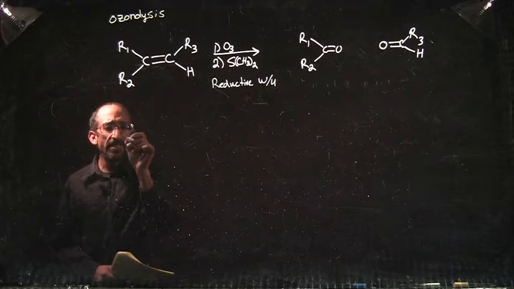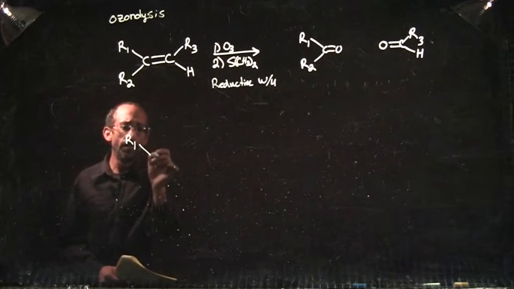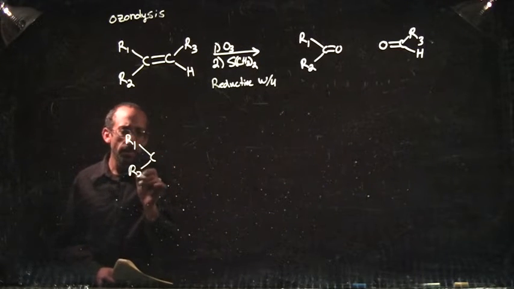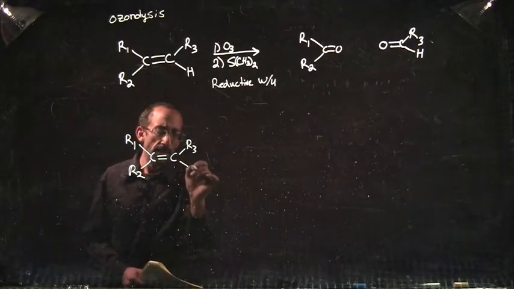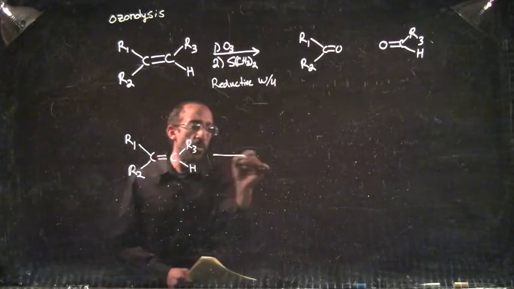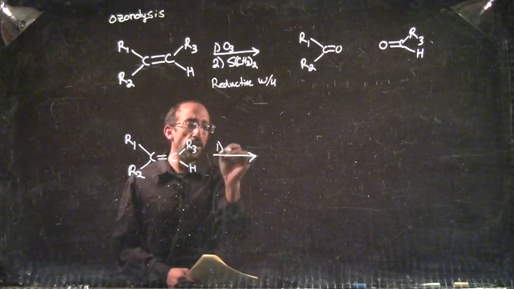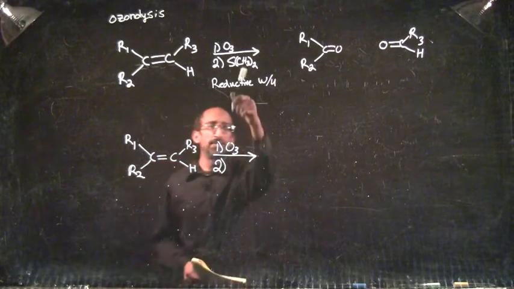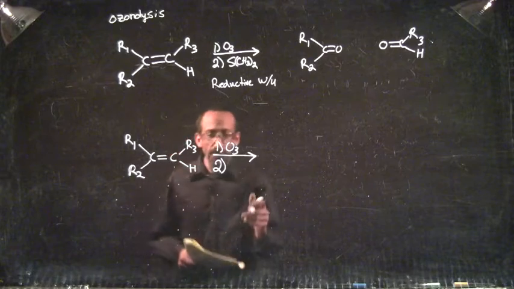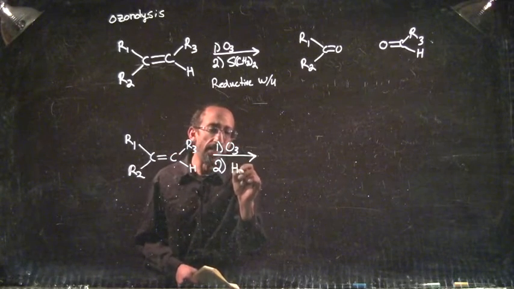If I start with this same alkene, this time I'm going to treat it first with ozone, and then I'm going to follow that up, instead of using dimethyl sulfide, with hydrogen peroxide.